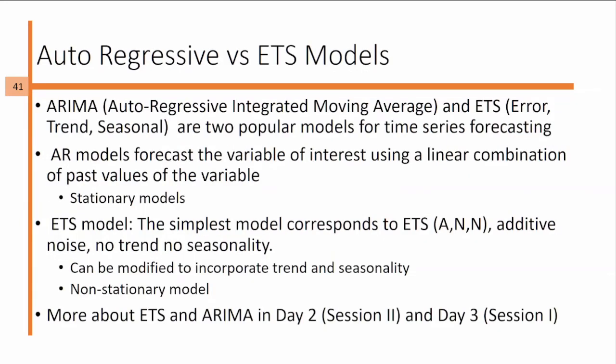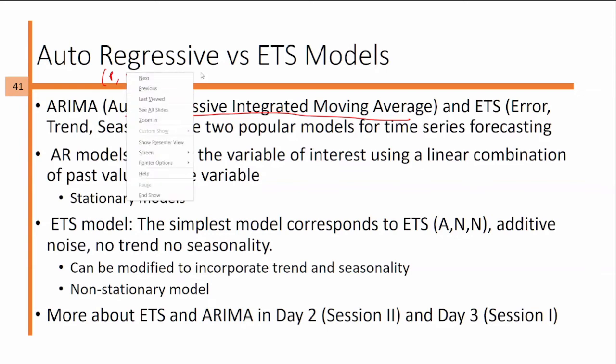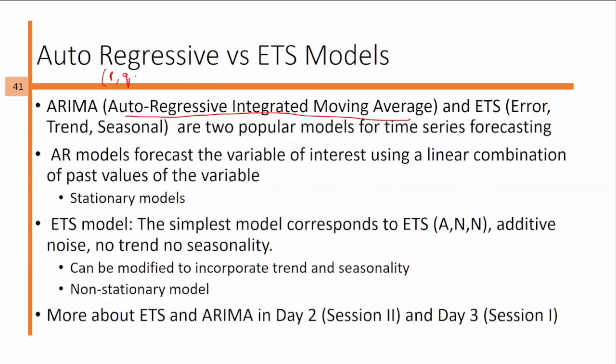So these are the two models that we'll be looking at. One is the auto-regression model, or auto-regressive integrated moving average. When you are looking at ARIMA, you need three parameters: P, Q, and D. We'll be looking at these parameters in detail when we do this session.